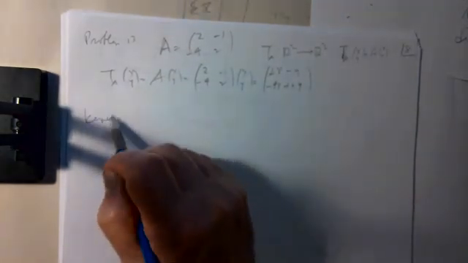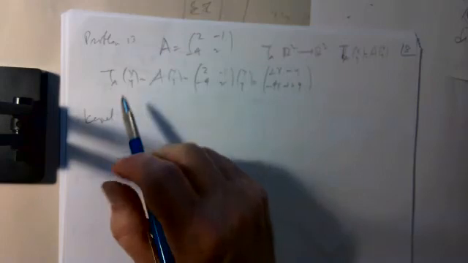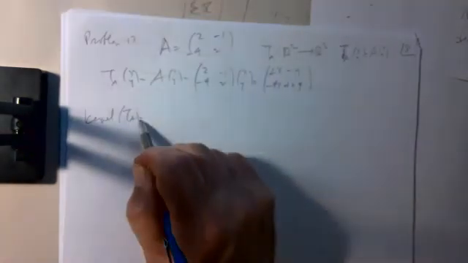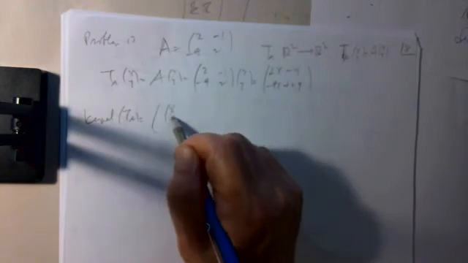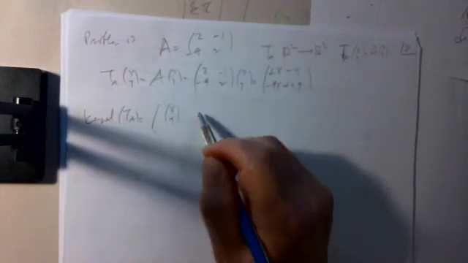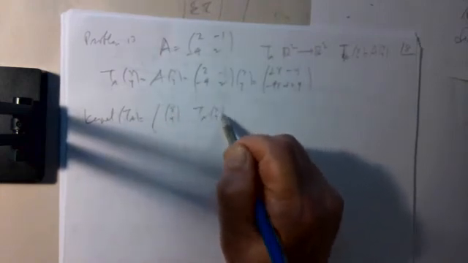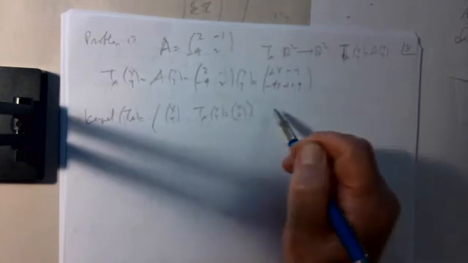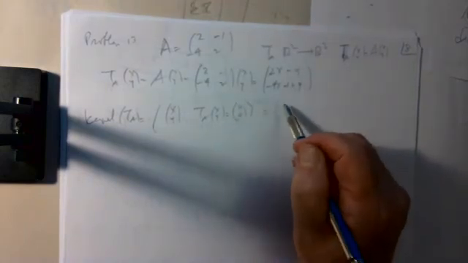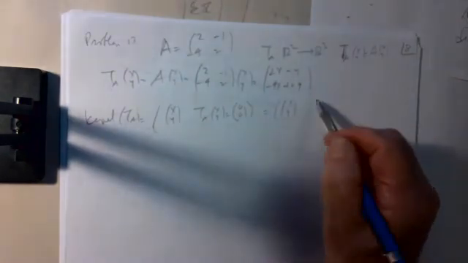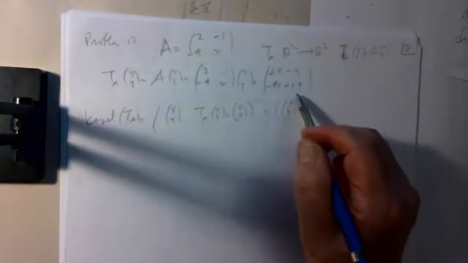And the kernel of T, it's all vectors xy such that T sub A of xy is the 0 vector, which means all vectors xy such that this is equal to 0.